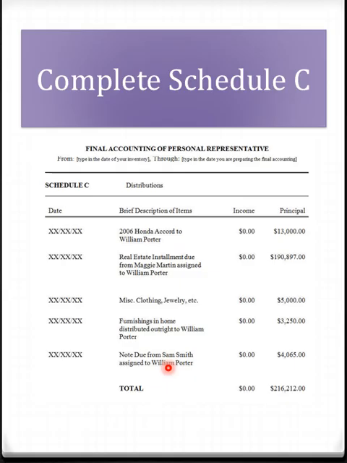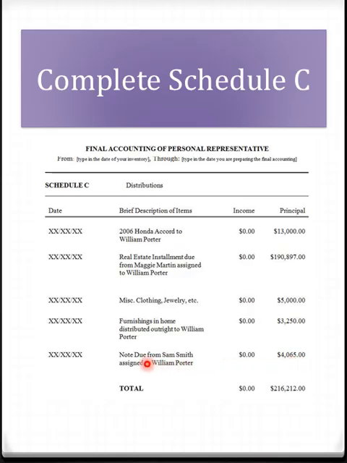Porter's. So this is not an uncommon type of closing of the estate activity, where items that are not being sold by the personal representative, which by the way is the same person as the beneficiary. That happens a lot, especially with a husband and wife team.